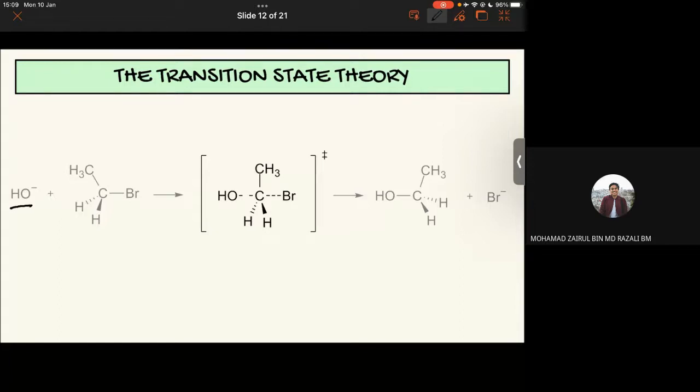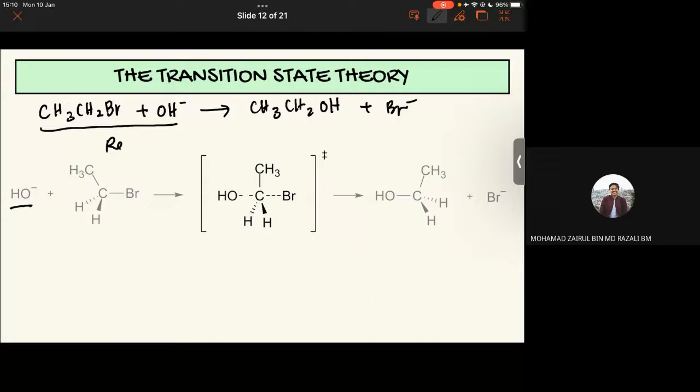So kalau kita buat dia punya chemical equation, kita akan tengok CH3CH2Br react with OH minus to produce CH3CH2OH plus Br minus. Okay. So ini adalah kita punya reactant, dan ini adalah kita punya produk.